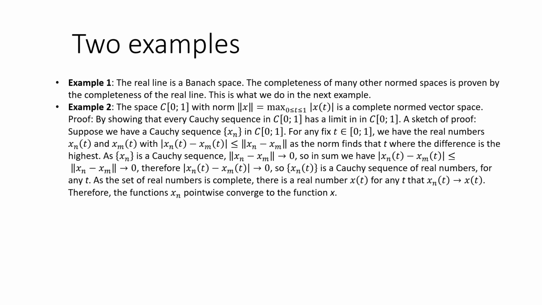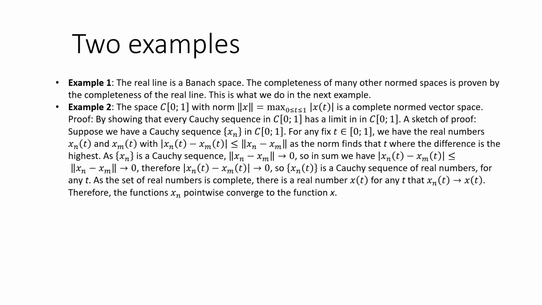So the normed space which we work with is the space of continuous functions over the interval [0, 1] with the maximum norm. We have already known that this is a normed vector space. Now we are supposed to show that this normed space is complete.